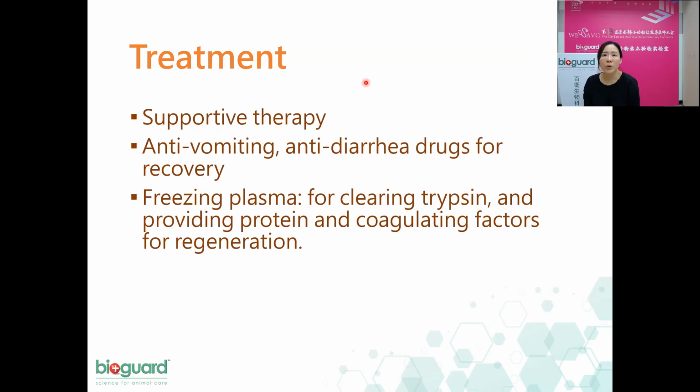So we have completed the brief introduction of the diagnosis of pancreatitis. So how do we treat it? Currently, we don't have a specific treatment. We focus on relieving the symptoms and making the animals more comfortable.